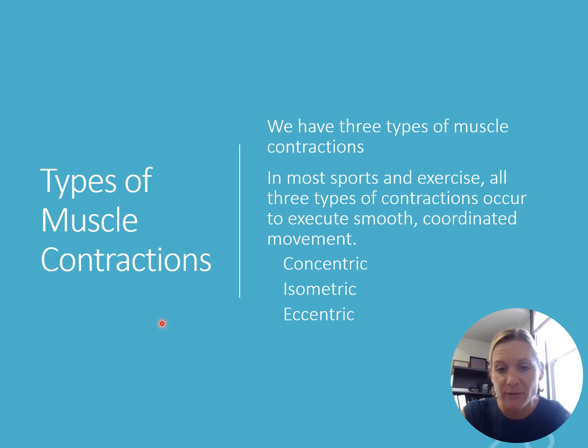Okay, another example of an isometric contraction would be a wall sit. When you do a wall sit, we're generating a lot of force. You can try it out and know that it's challenging to do, right? However, there's no change in the muscle length. So again, with isometric, the muscle length stays the same, however I am generating force.